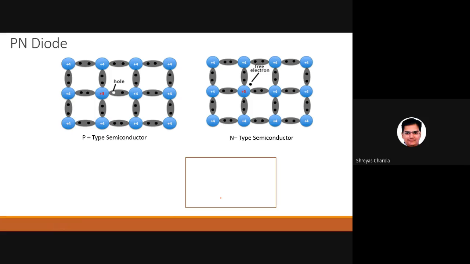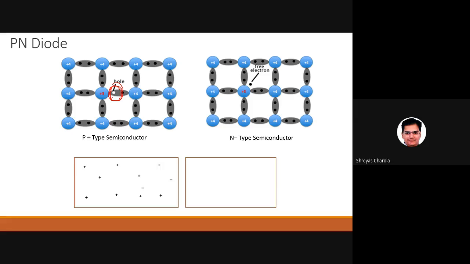Understand nicely, the concept of the PN diode is very easy to understand. So we have the p-type. What are the majority charge carriers in a p-type? Holes. Holes are majority. And the minority charge carriers? Electrons are minority charge carriers. Now here we have the holes.